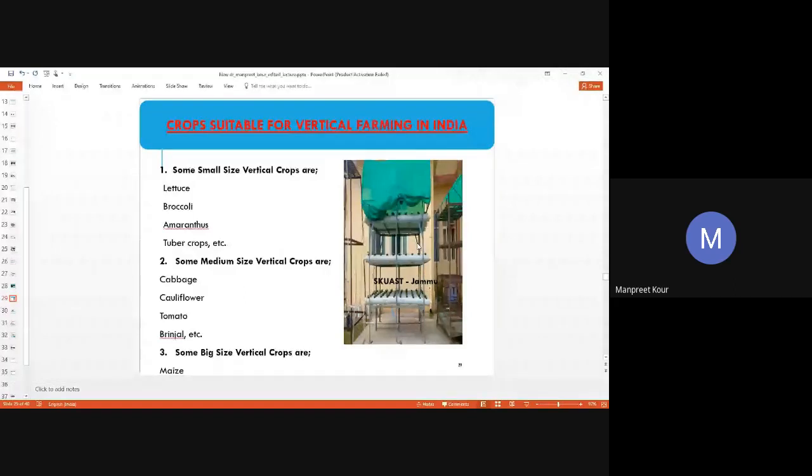This is a picture of SKUAST Jammu, where a low-cost hydroponic unit has been set up by Dr. Gurdev, who is working on hydroponics and has found promising results for landless laborers. Next, please.